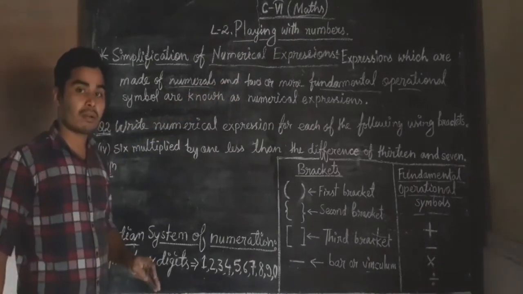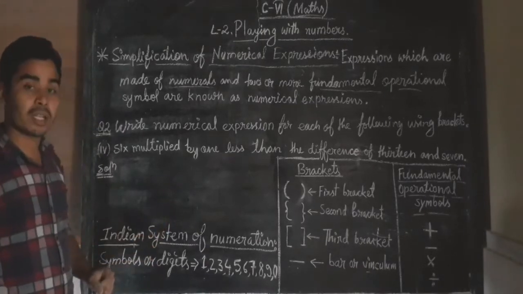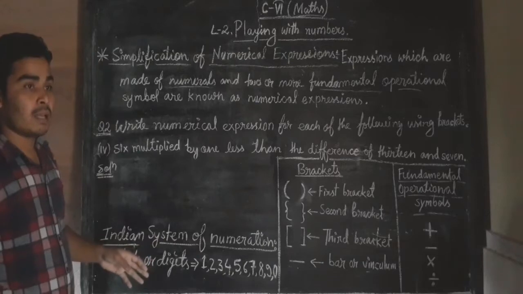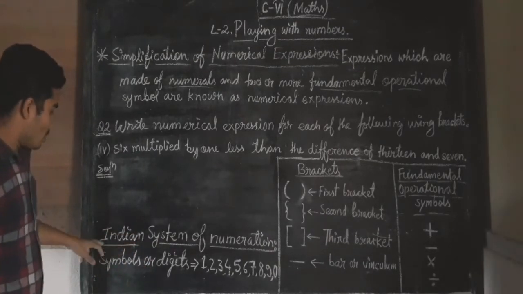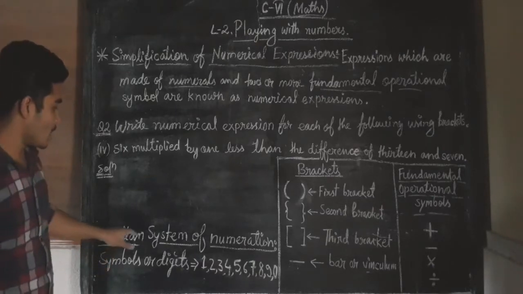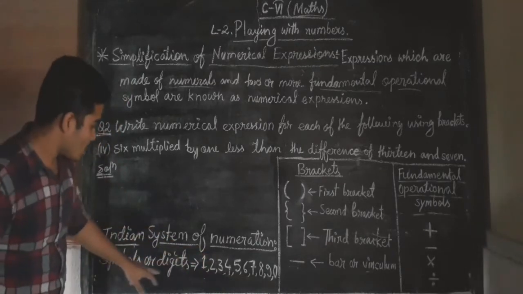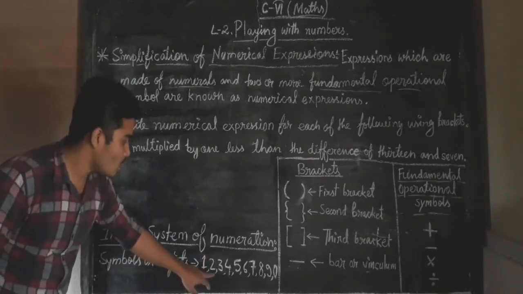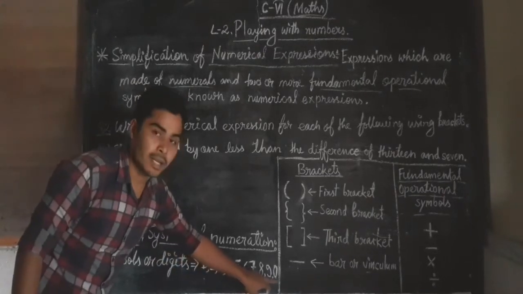You have learned the Indian system of numeration, and also the international system of numeration. The symbols used in the Indian system of numeration for writing numerals are 1, 2, 3, 4, 5, 6, 7, 8, 9 and 0.